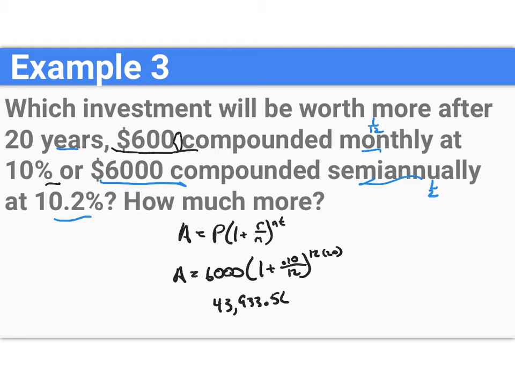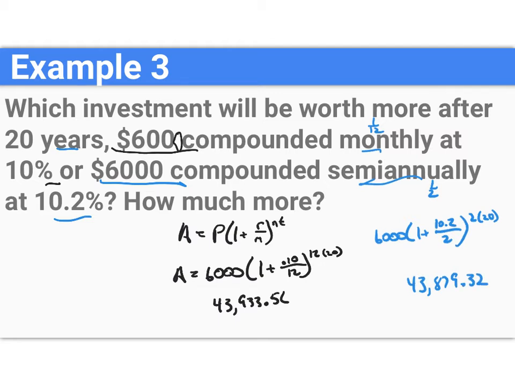So let's look at the semi-annual compounded. Same formula, 6,000, 1 plus the rate. What was that, 10.2%? 10.2 is our rate. Our number of times is 2 times a year, and then 2 times 20. When we calculate that out, we get 43,879.32.